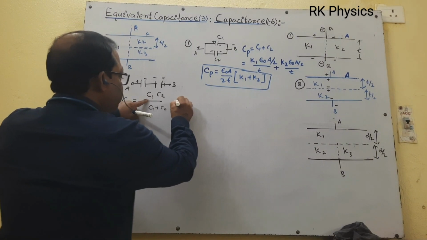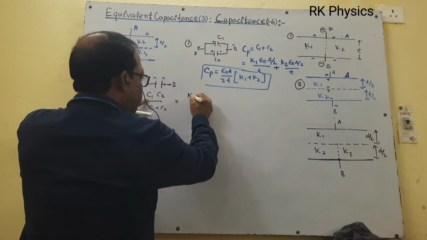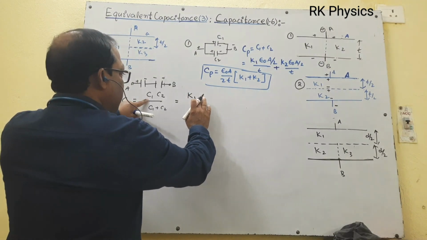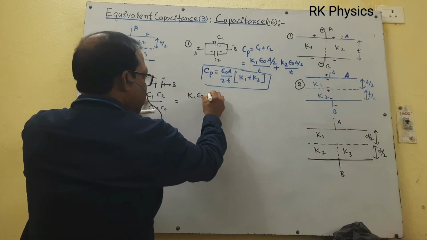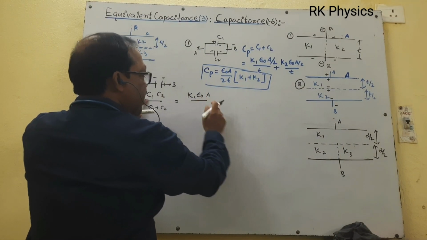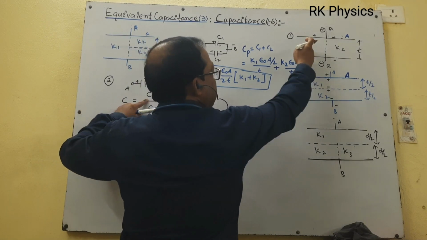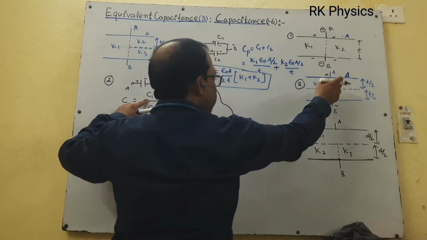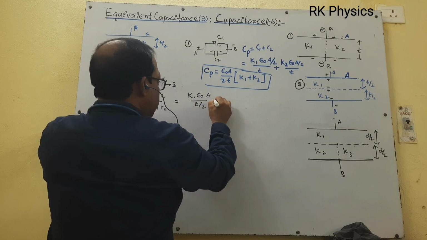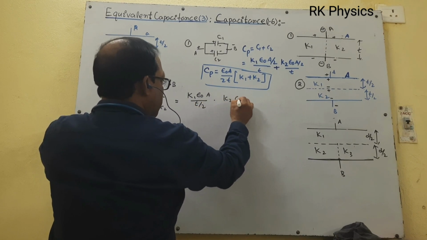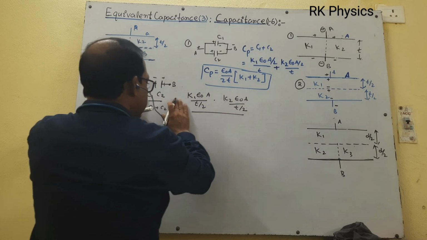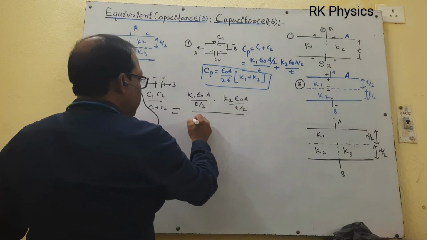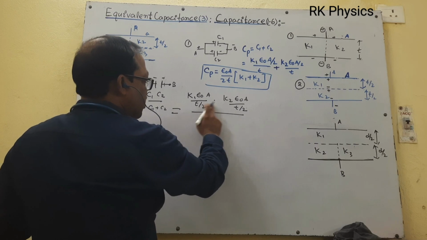What is C1? C1 is by the same principle, K means the first medium K1, epsilon 0 A, where A is the total area covered in the second case, divided by the distance. In this case the distance is t by 2, into the same formula for C2, K2 epsilon 0 A divided by t by 2, whole divided by the sum of these two.